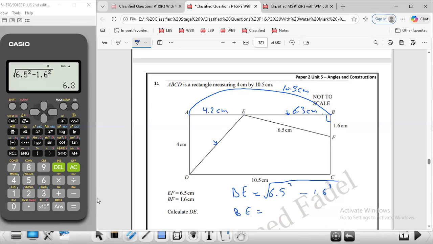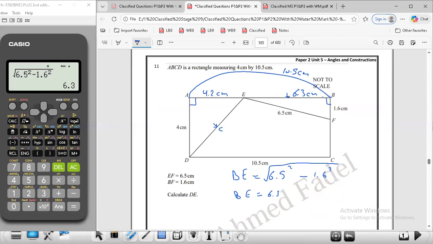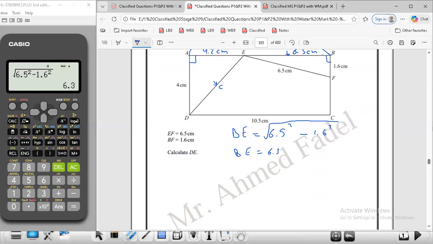Okay, now we've got something that will help us get DE, a right-angled triangle, but this is the hypotenuse. So this is 6.3. All right, this is the hypotenuse. It's C squared. So it's C. So to find it, I'm going to say DE equals square root of A squared plus B squared, which is 4.2 squared plus 4 squared.